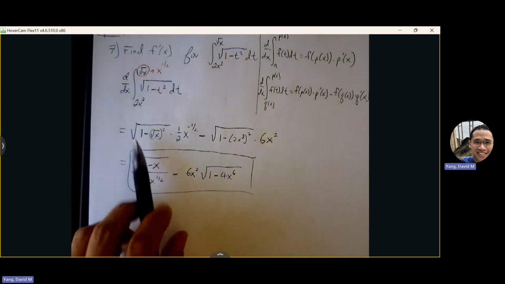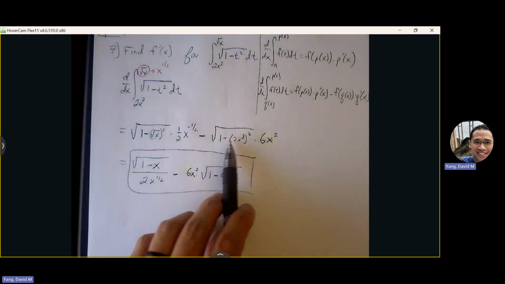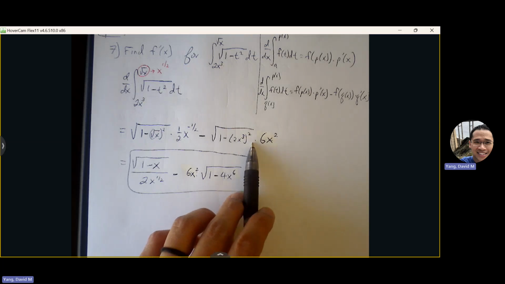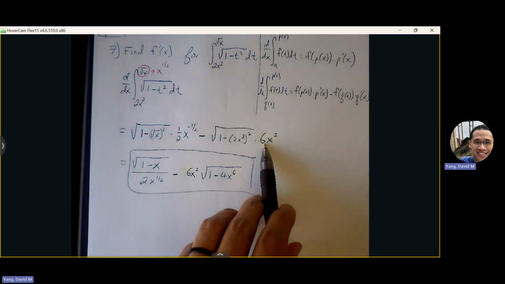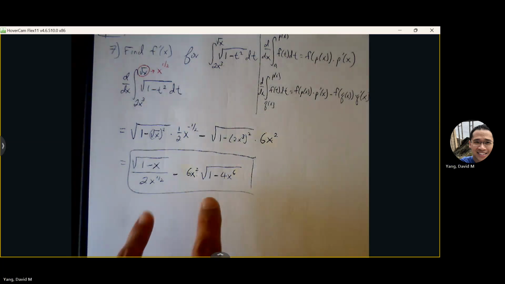So if we plug that in, we'll get 1 minus parentheses 2x cubed squared times the derivative of 2x cubed, which is 6x squared. This is better.